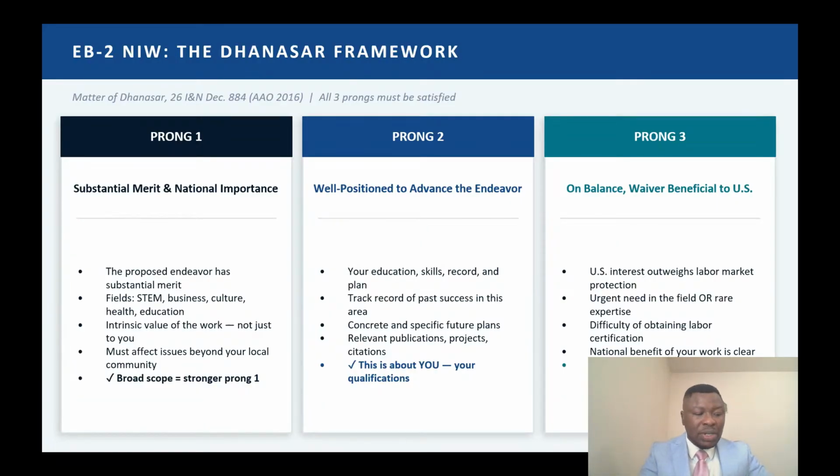So if you have published articles, you have awards, you have membership, you have leading or critical role, you have salary, ensure that your achievements cut across 3 years or more than 3 years. So that is how you can show that your achievements have happened over a period of time.